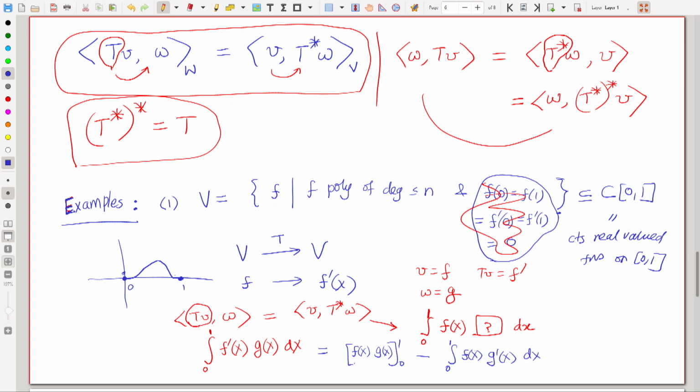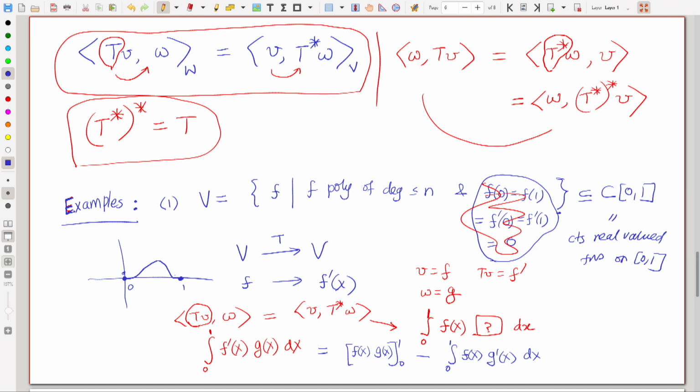Then we want to use the additional conditions, so that the first thing becomes 0. Yes, f of 0 and f of 1 are both 0, and the same for g: g of 0 and g of 1 are 0.